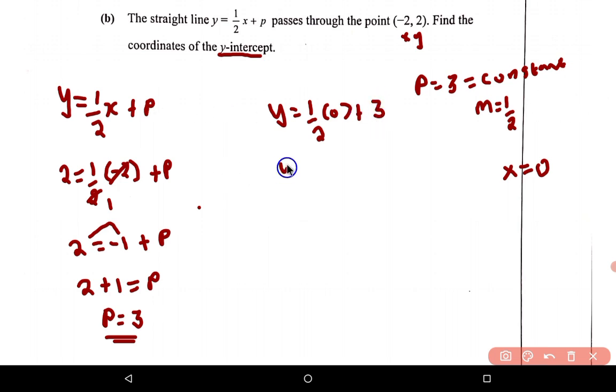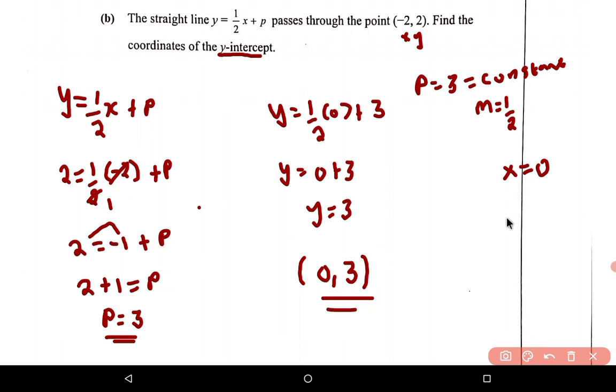So y is going to be this half times 0, that is 0, plus 3. So y will be equal to 3. The coordinates, on the y-intercept x is 0, so that will be 0 comma 3. And this is the answer.